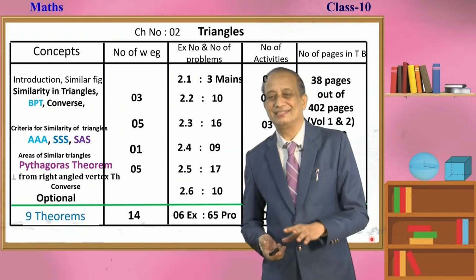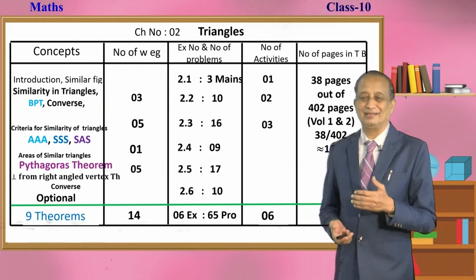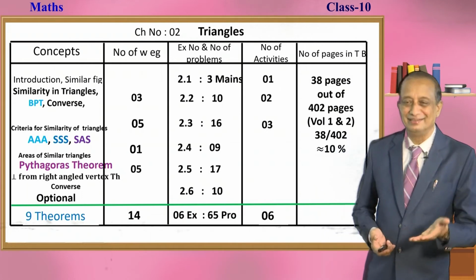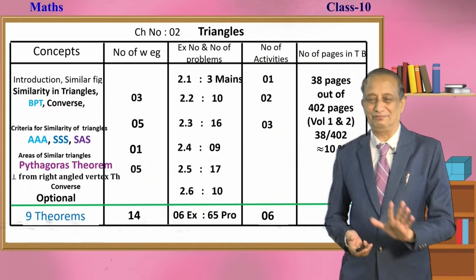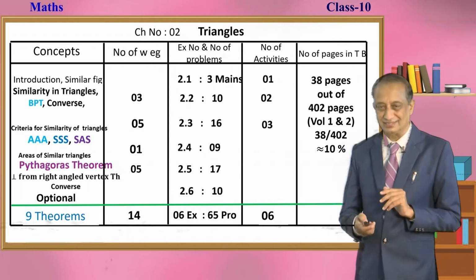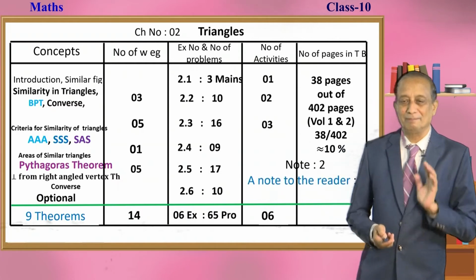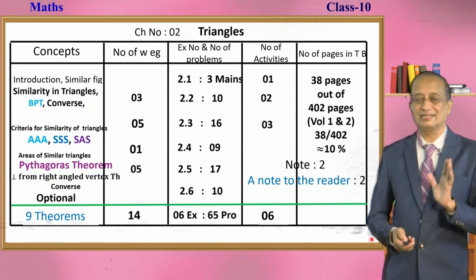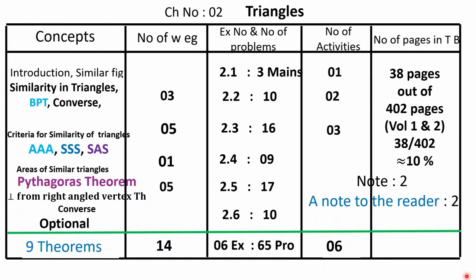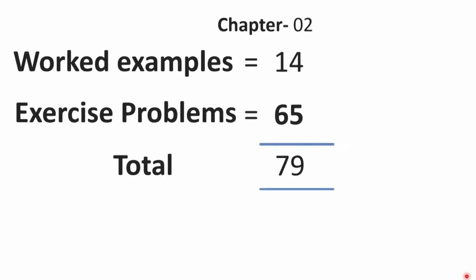So, in the public examination also you can expect 10% of 80, which means 8 marks you can definitely expect for this chapter. Okay. So, please have statistics like this for each and every chapter, and also at the end of the chapter 2 notes to the reader are given to you, please go through that also.